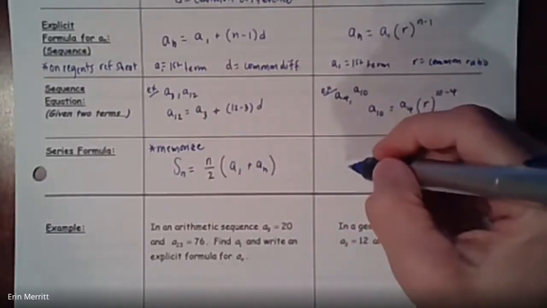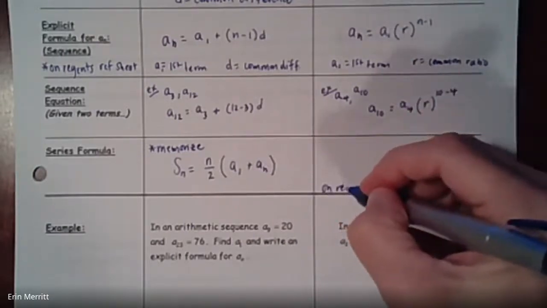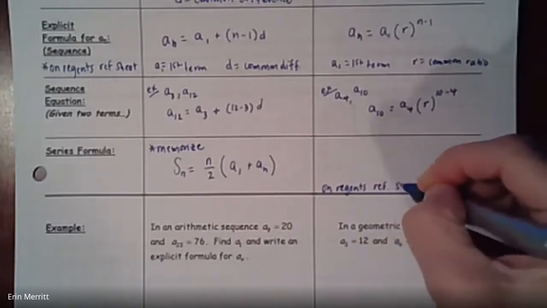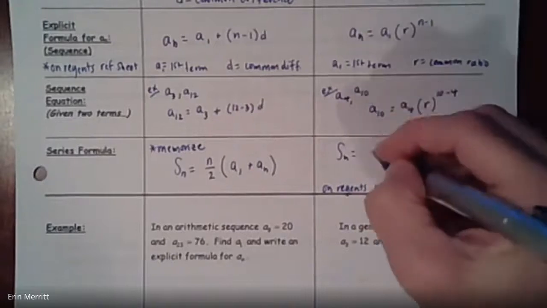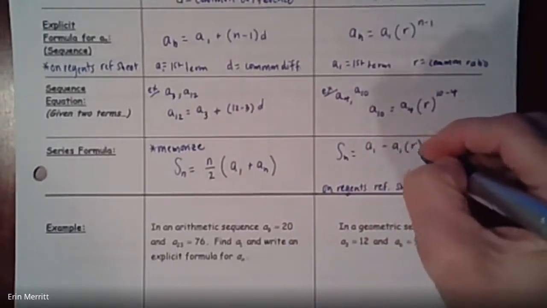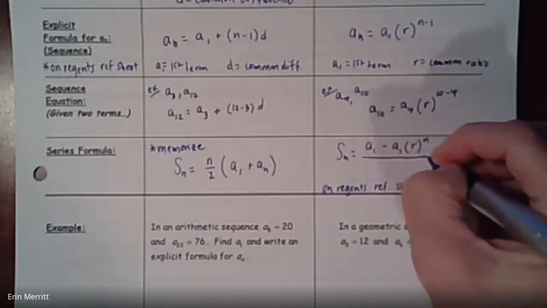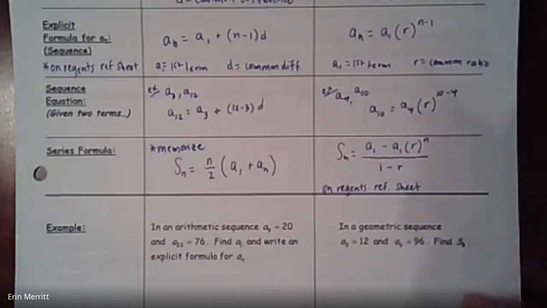Over here, this one's on the Regents reference sheet. To find the sum of the first n terms, it is the first term minus the first term times the common ratio raised to the n power, and then all over 1 minus r, that common ratio there. And then at the bottom, we have two examples that we can take a look at.